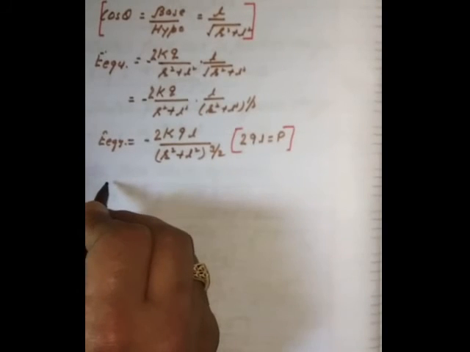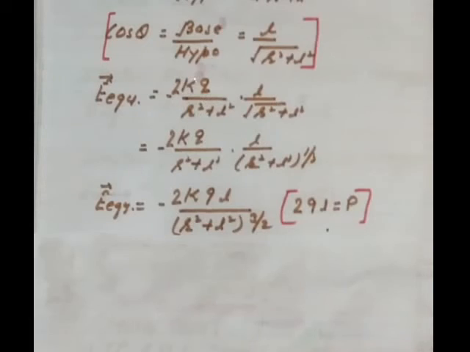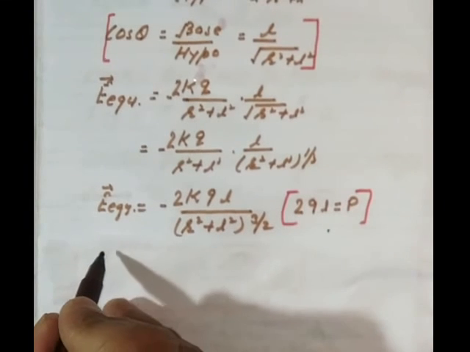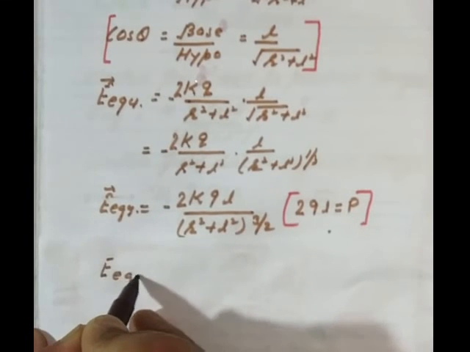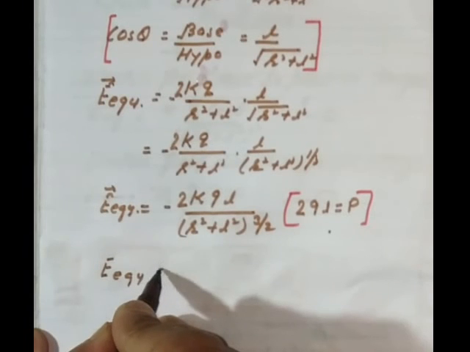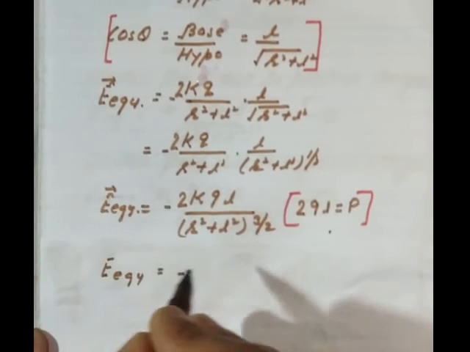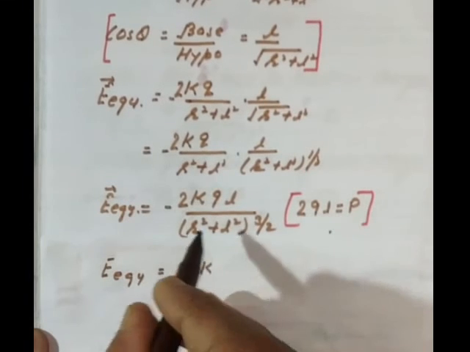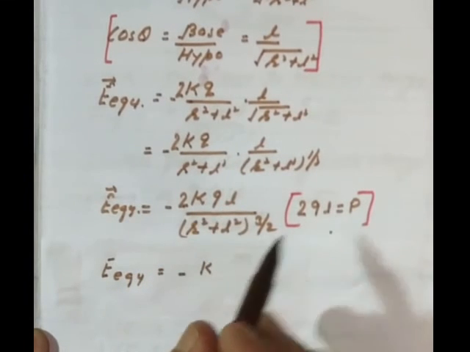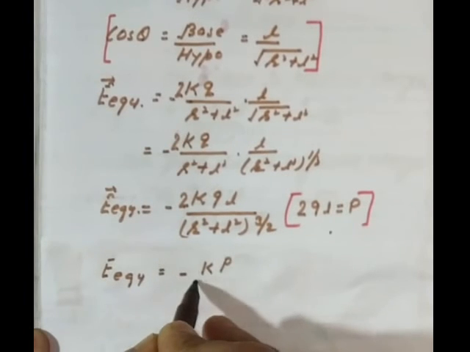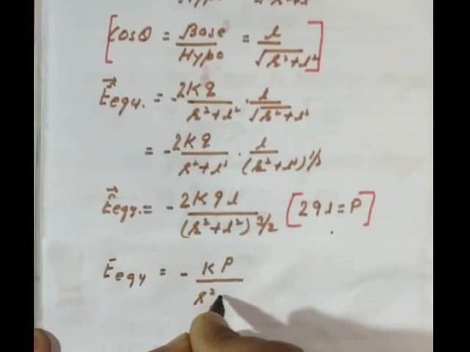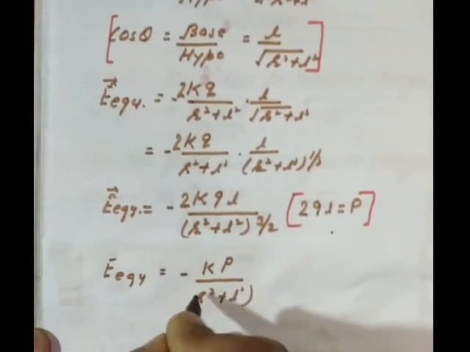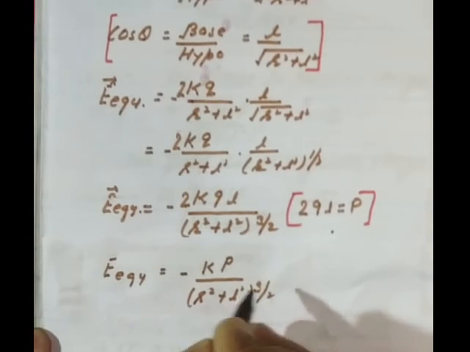So electric field at equatorial position equals negative k, in place of 2ql we put p, so it became p upon r square plus L square to the power 3 by 2.